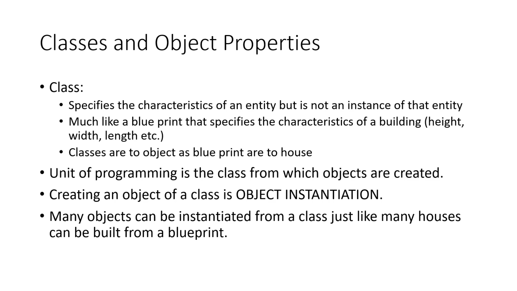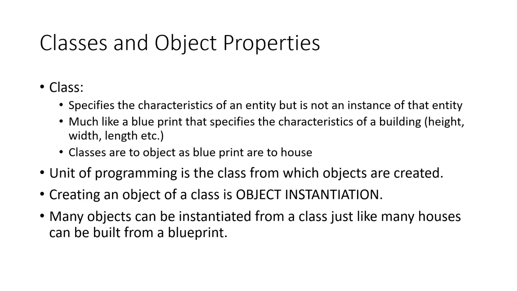Looking at this statement, like a blueprint that specifies the characteristics of a building, it means that the building is the object, and the class we are talking about is the height, the width, the length. That's why we say it is the characteristics of an entity. So classes are to objects as blueprints are to houses.